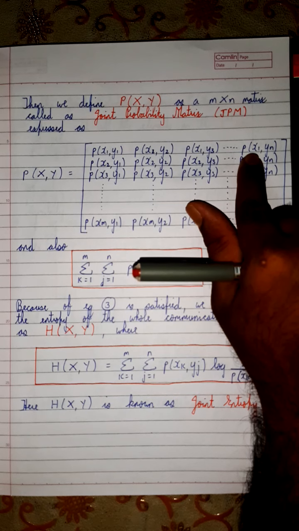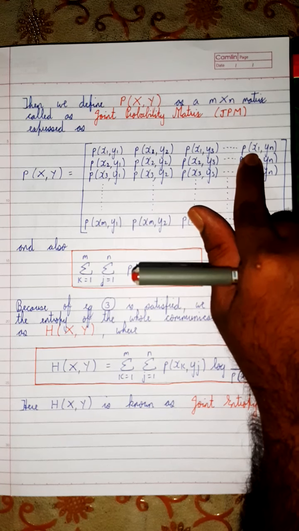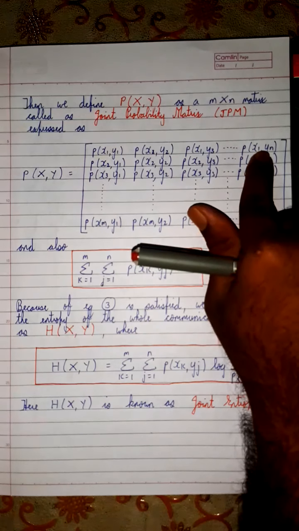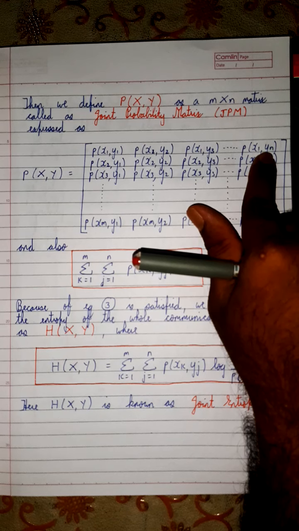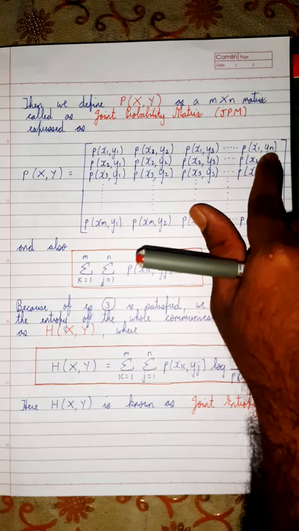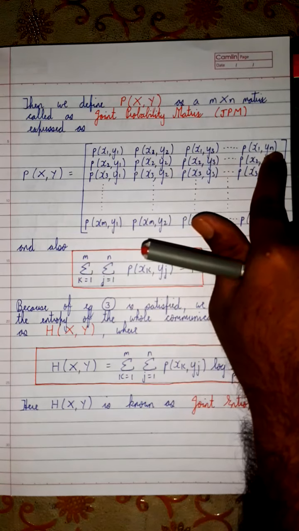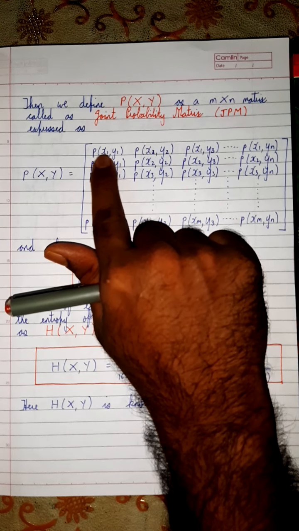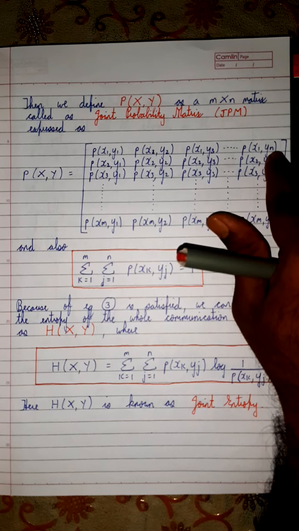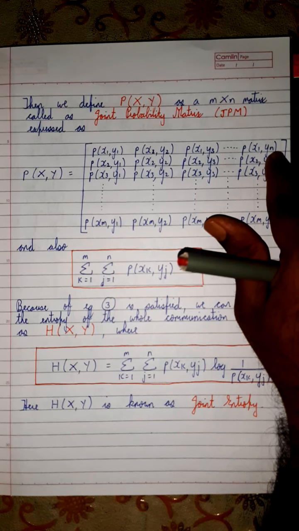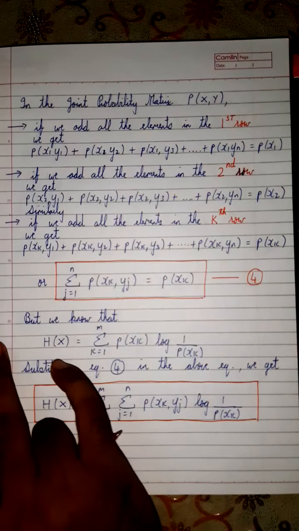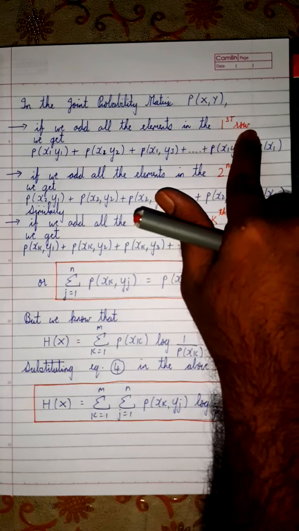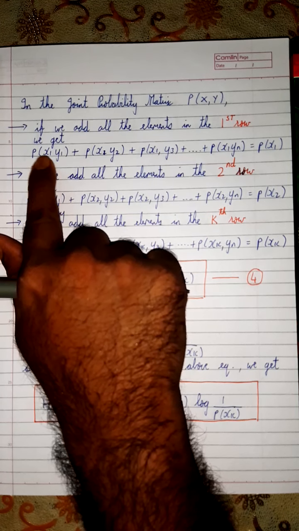By common sense, adding all these gives nothing but the probability of transmitting x1 itself, because all the received symbols are being covered. Adding all the elements of the first row means x1 is surely transmitted and one of the received symbols is received. Just simply look at the equation.